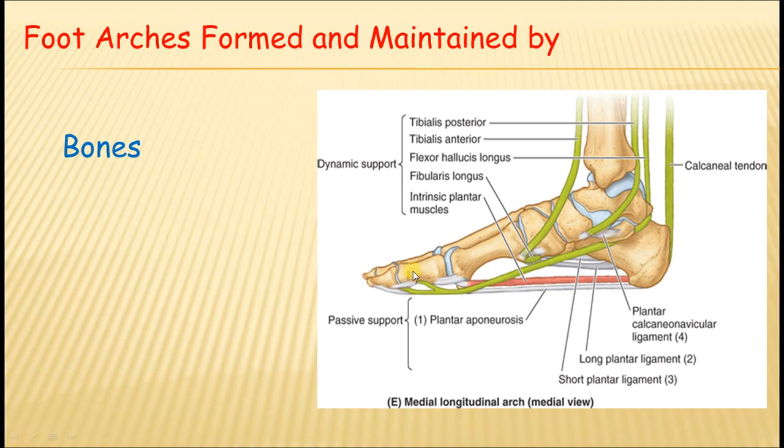They are all wedge shaped, like a wedge, and the pointing ends of the wedges are facing towards the sole. Then, very importantly, these bones have to be maintained in an arched format mainly by the ligaments.